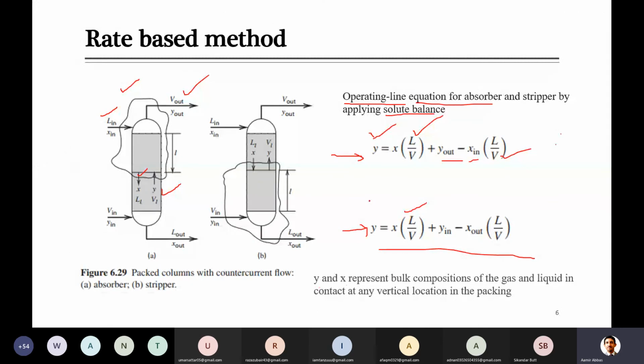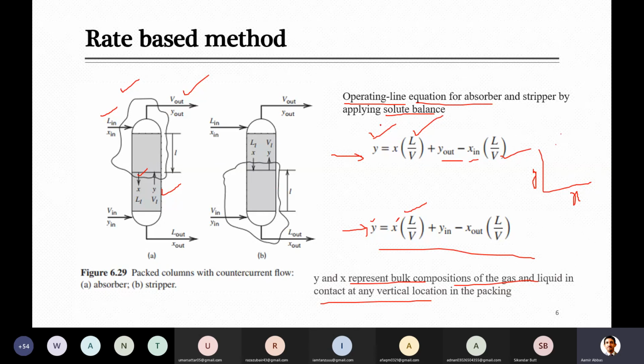So here x and y are the parameters which we use to draw the operating lines. These x and y represent the composition of the gas and liquid in contact at any vertical location; they represent the mole fraction of that species inside the liquid as well as inside the gas.